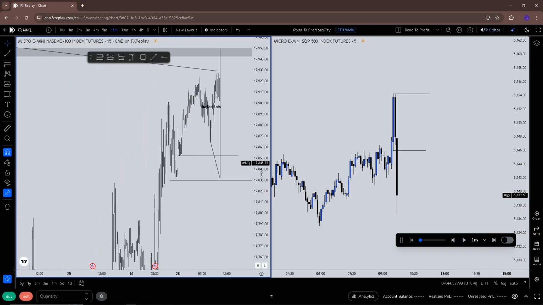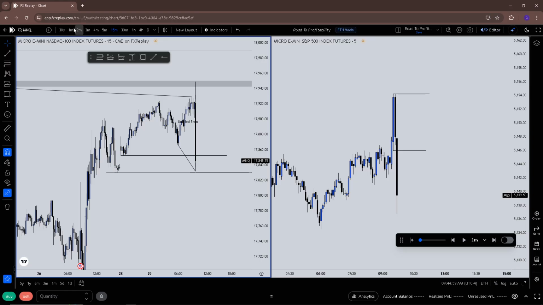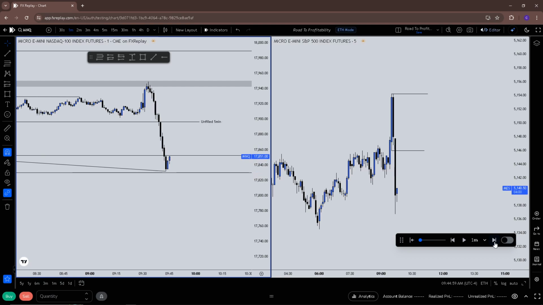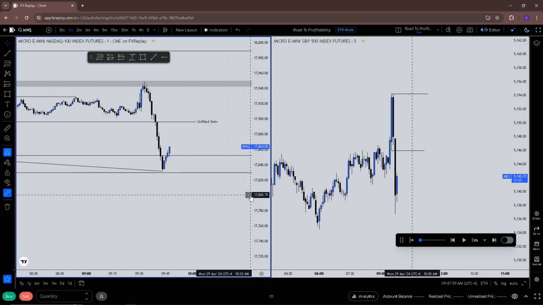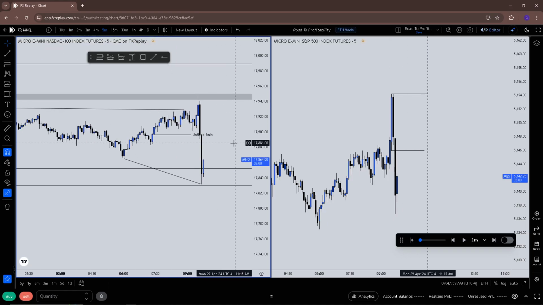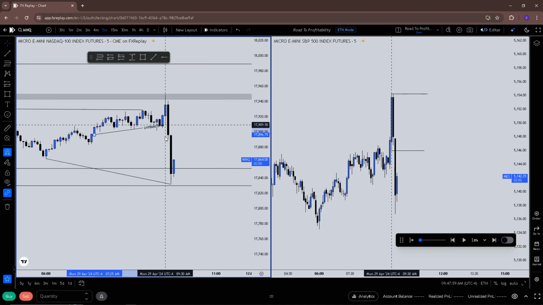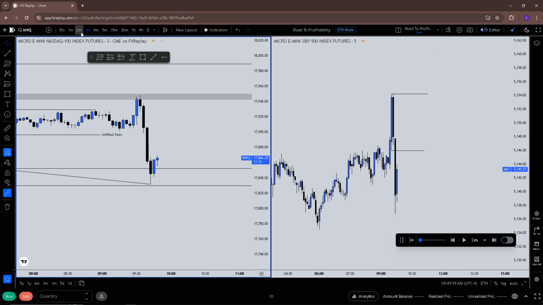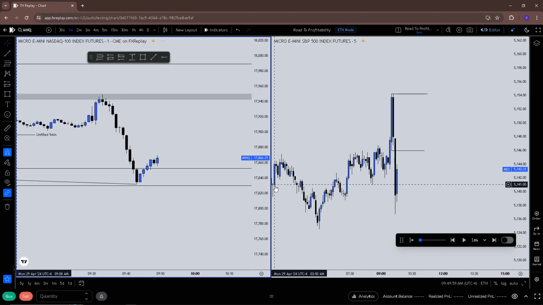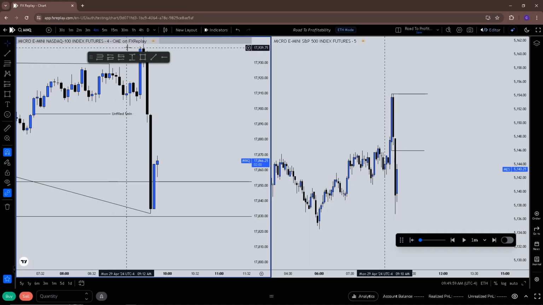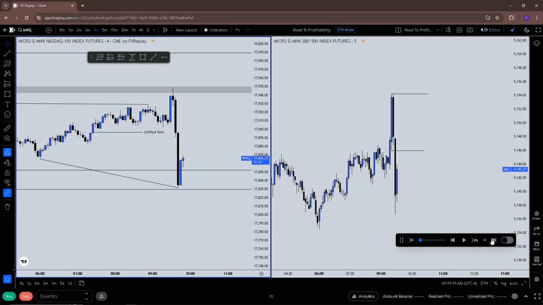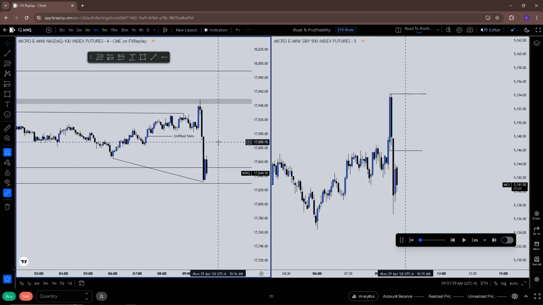Did just tap into this Friday gap. Yeah, I need to see a little bit more confirmation that we want to start pulling back up. Looks like we're going to want to continue lower.